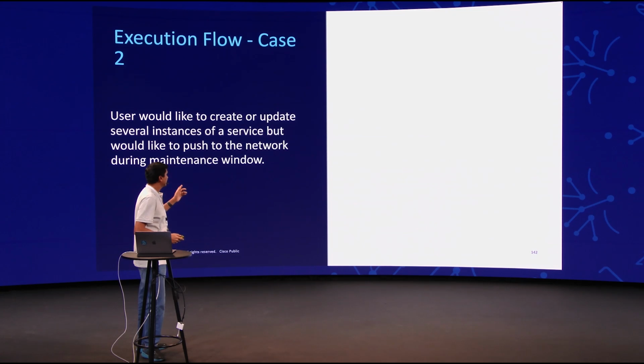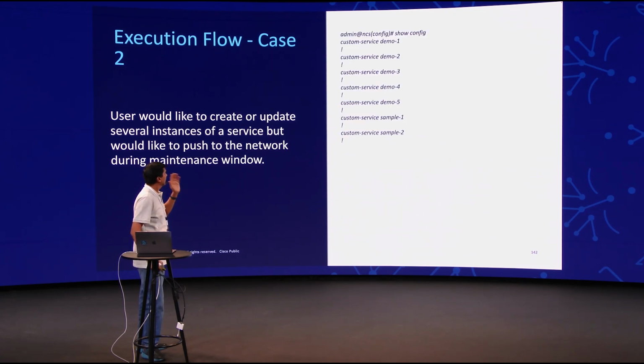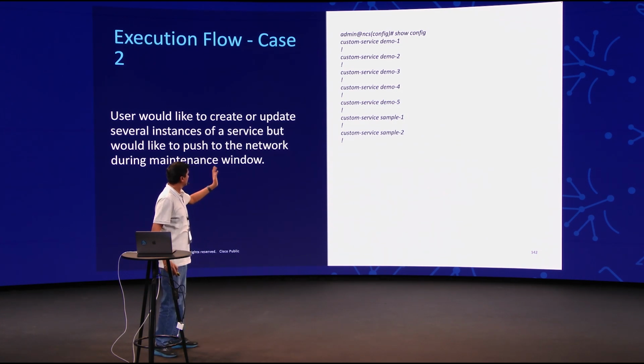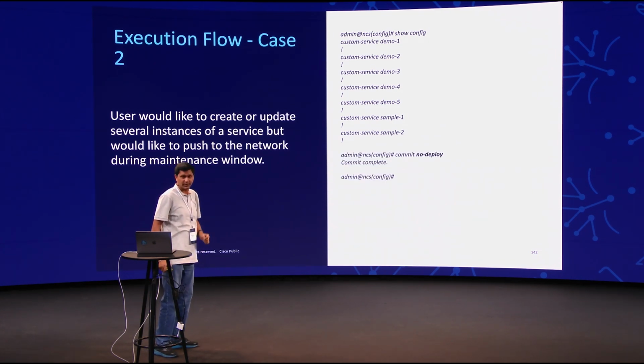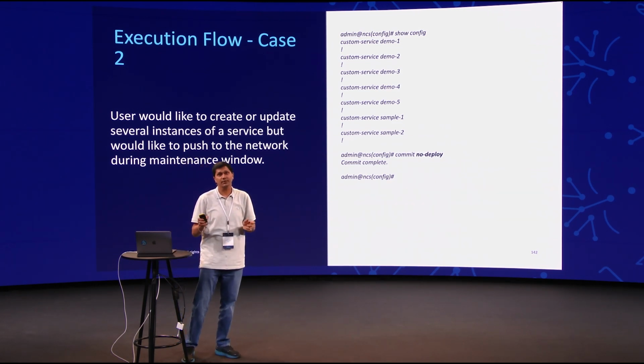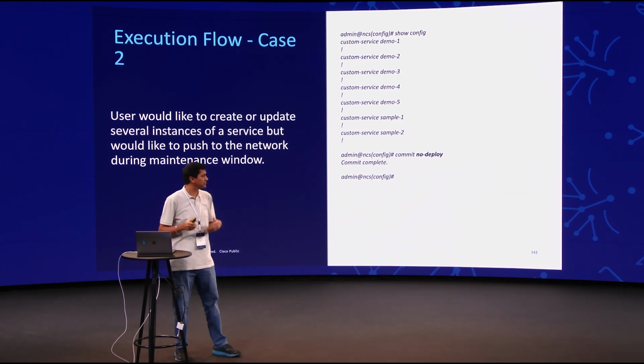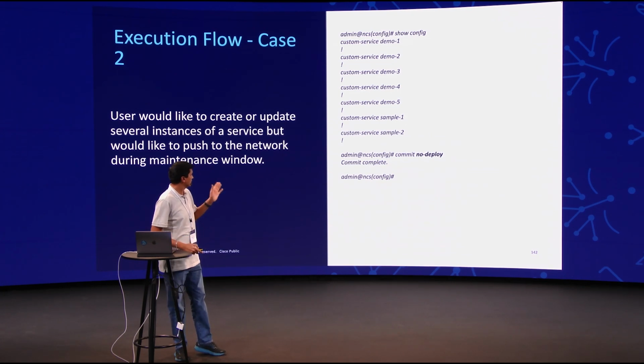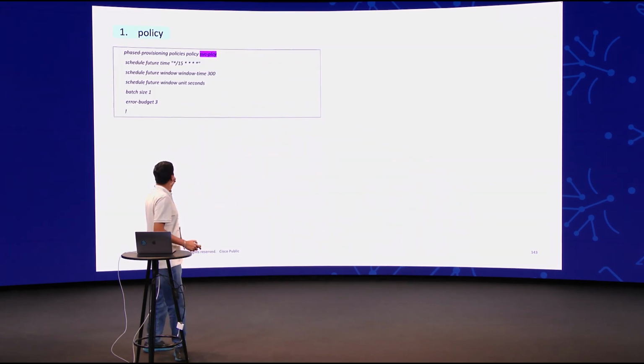So for such kind of things, what you would do is you load the config, whatever you want, use commit no deploy, so that commit no deploy just commits the CDB, but it doesn't push to the network, right? As you all may be aware of it. So once we have that, then we come to the phase. We can use the same policy, but here we have some new policy.